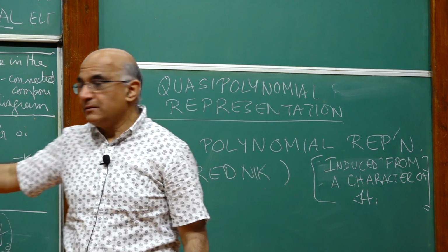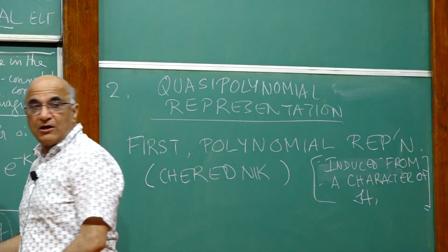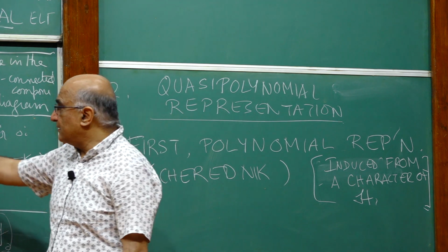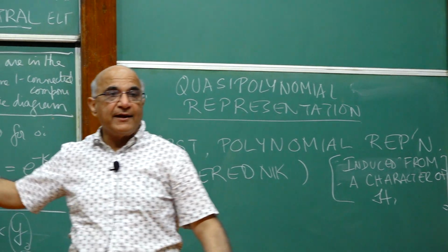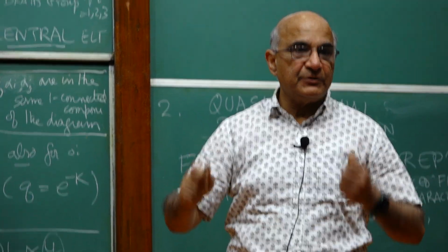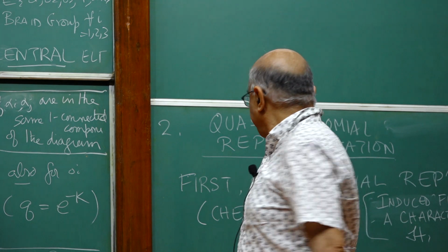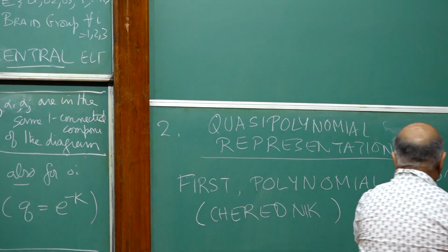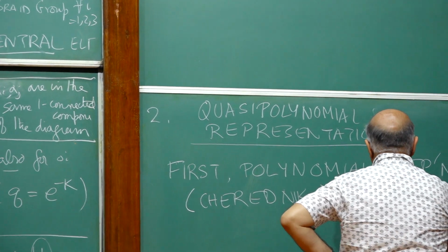This has a Coxeter representation, and you can set all the Ti equal to Ki, let's say. So this defines a character, and you induce this from the character.